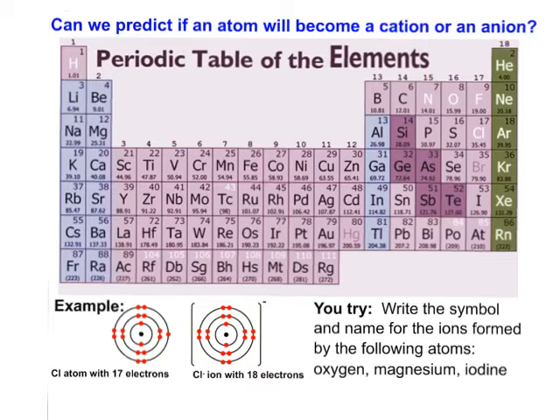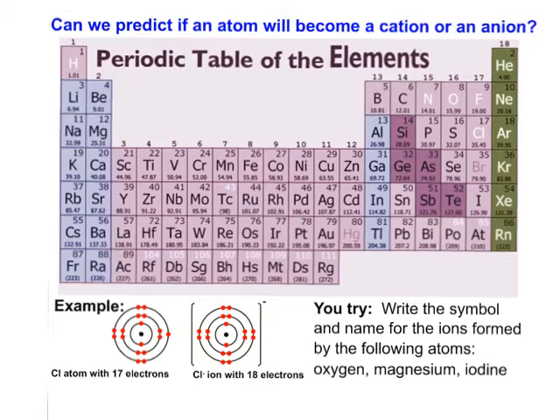Can we predict if an atom will become a cation or an anion? Absolutely, yes, we can. Not only that, we can predict how much charge it has. Is it a +1, a +2, a +3? And for the most part, there are some elements that behave a little bit differently, and there are some more rules that we'll discuss later in chemistry.